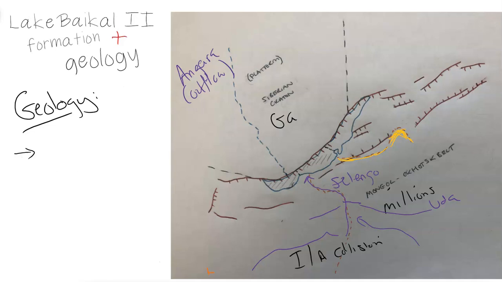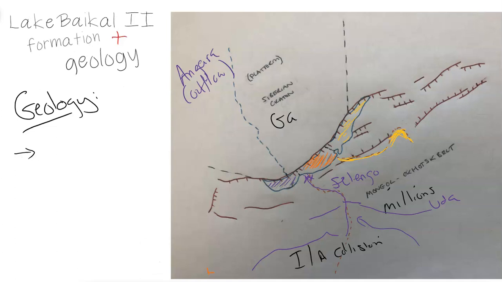There's also a very large delta right here that goes into the central basin of the lake. As I mentioned before, the central basin right here is the deepest part, over a mile deep. This northern basin is nothing really to write home about in terms of depth, but the south basin is deep, though not as deep as the central.